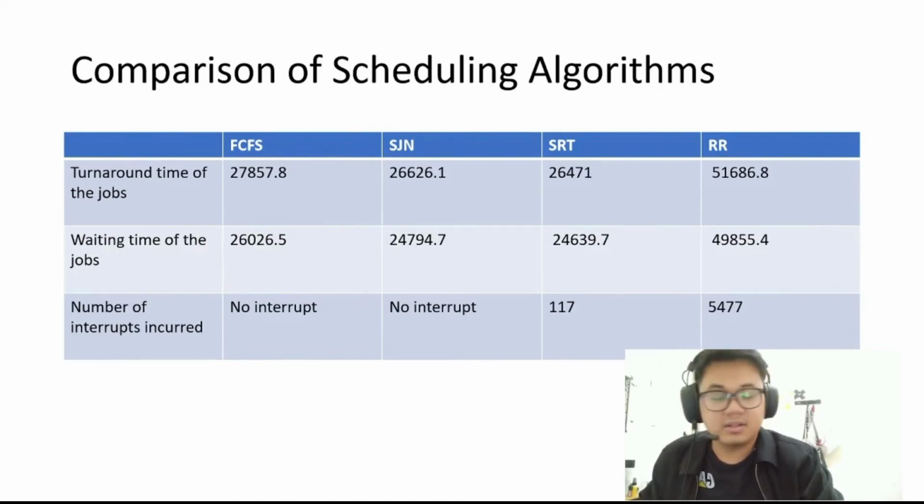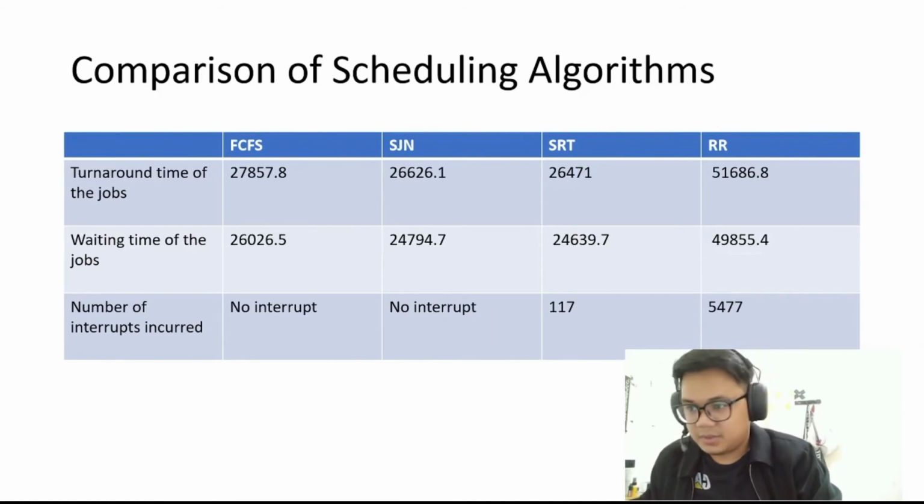For my part I will talk about the comparison between all four algorithms in terms of turnaround time, waiting time, and number of interrupts incurred. For FCFS, the turnaround time is 27,857.8, SJN has 26,626.1, SRT has 26,471, and RR has 51,686.8.